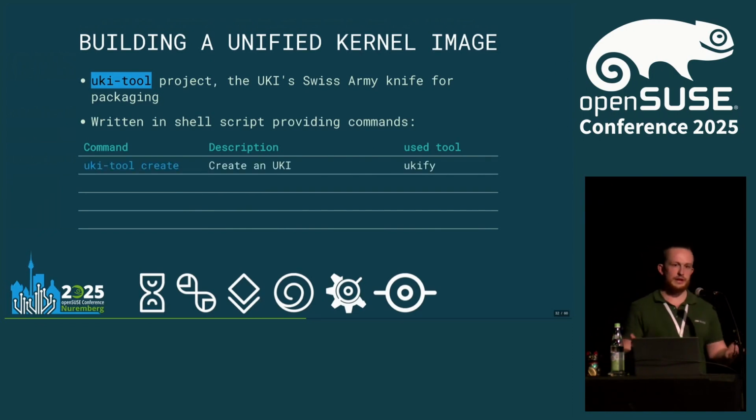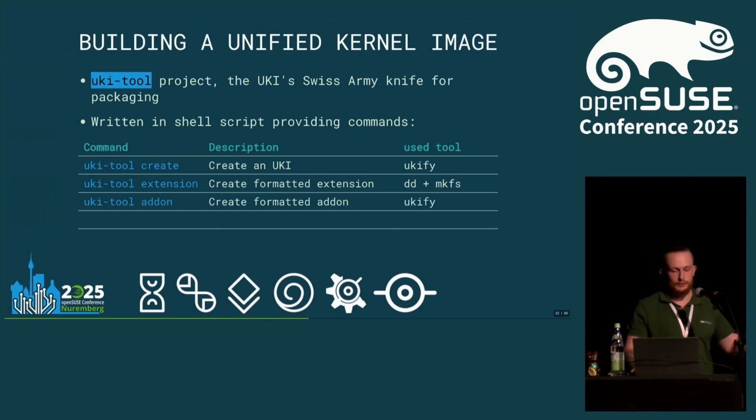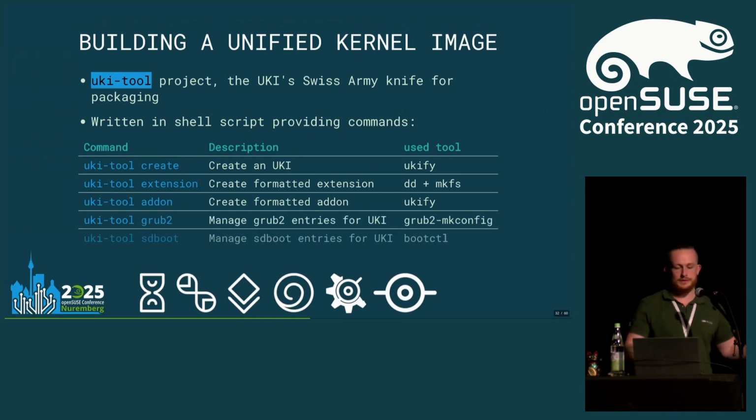You have the uki command to create a UKI, using the ukify tool behind the hood. You have the extension command to create a well-formatted extension for your UKI or for all needed UKIs, also for add-ons. And most important, I brought two commands, grub2 and sdboot. They allow you to install and manage all entries around your UKI.